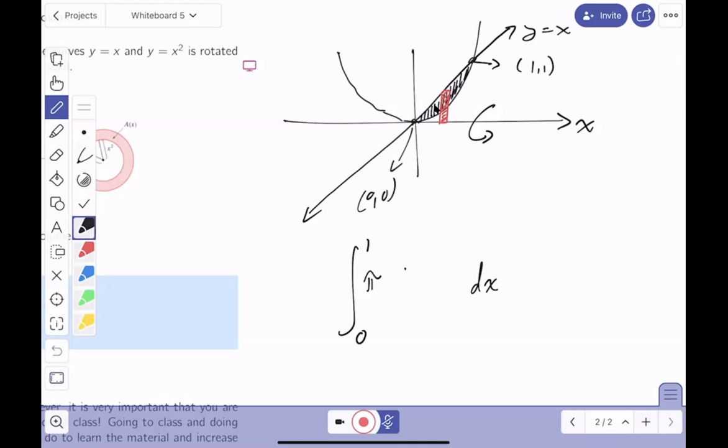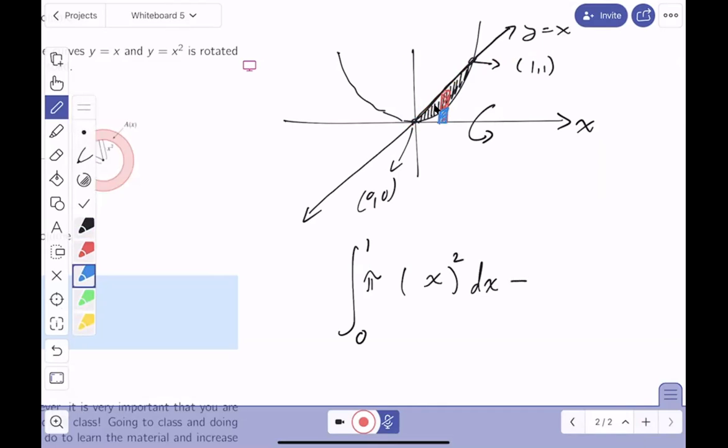Pi r squared. But what's r? Well, the big object here, I want to point this out to you, this thing over here, it's just going to be x. I'll put that down for you, and we'll do that later. Minus, I've got to remove something, and I'm removing this region here, right?